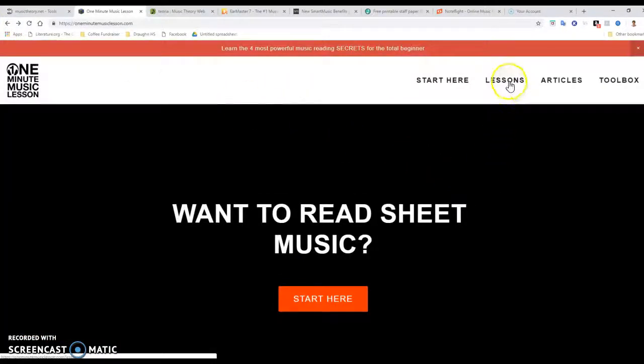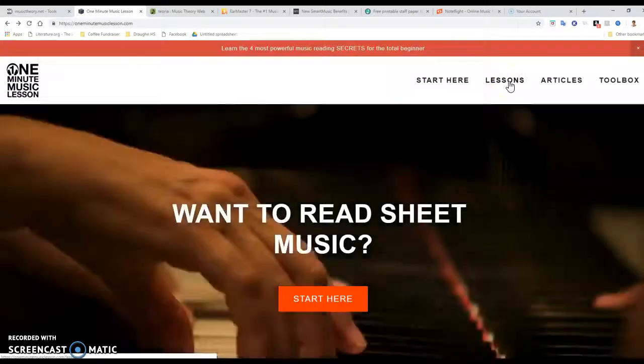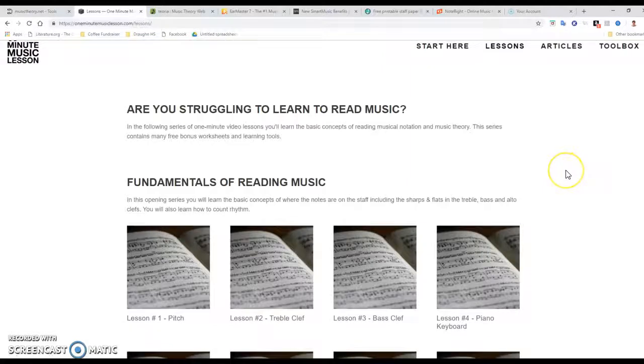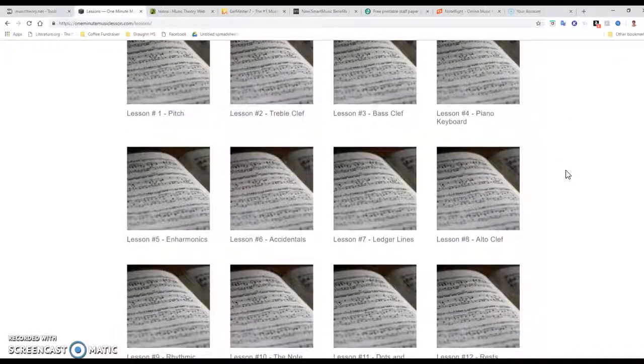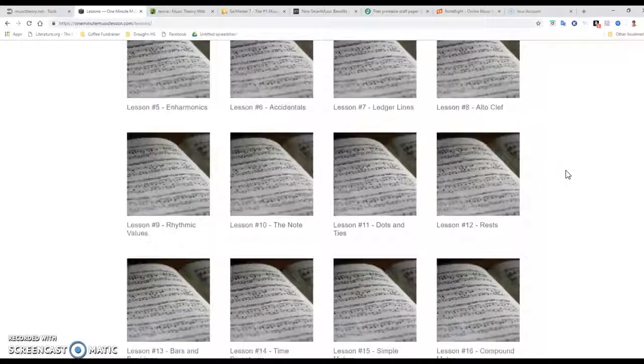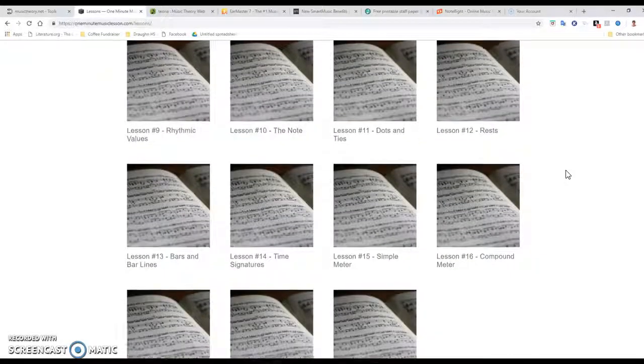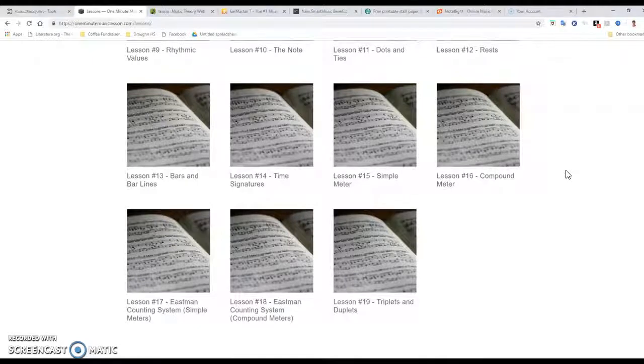And let me go back and select another. Let's go to lessons. And if you'll notice here, they have just numerous different lessons to assist the music student, assist the teacher in the classroom.